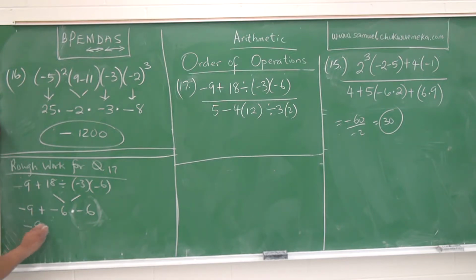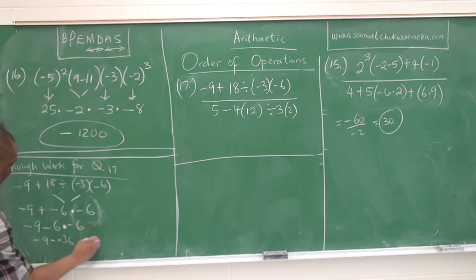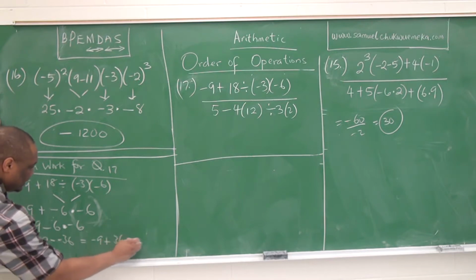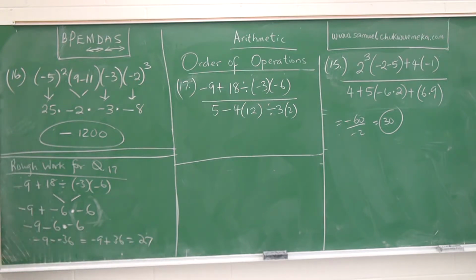This is negative 9 minus 6 times negative 6. Then 6 times negative 6 is what? 36. So this is negative 9 minus negative 36, or you just do negative 9 plus 36, which is 27. So the top is 27.